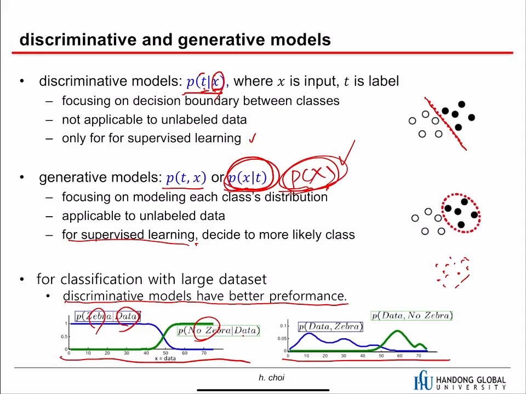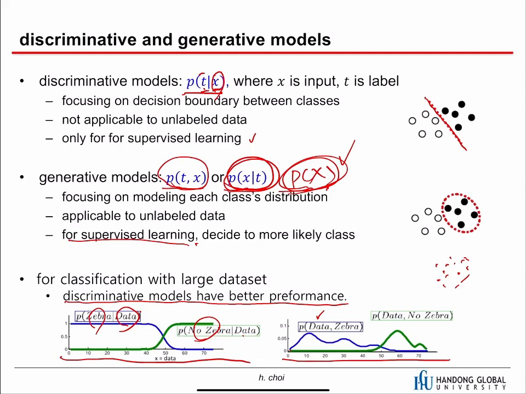But if we use generative models, we are interested in modeling P of data given zebra or P of data given no zebra. When we compare these two probabilities, if this one is higher than the green one, then we say, oh, this is a zebra. Otherwise, this is not a zebra. So we can use generative models for classification. But here's the thing.